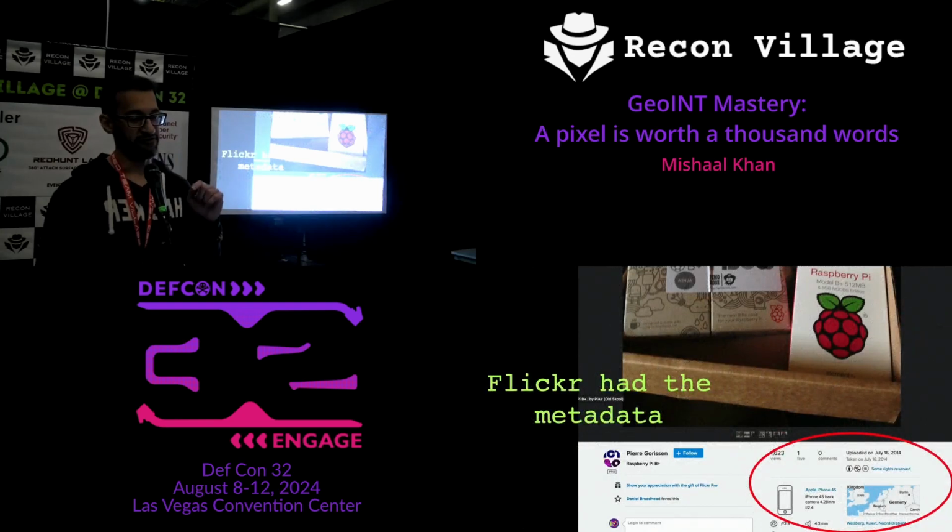And Flickr, you should know, is one of the only websites that still has metadata in it. So when you upload a picture on Flickr, it shows you an Apple iPhone uploaded it, and the location also shows over there because of the geotagging of the image. So Flickr maintains it for photography reasons, if you want to categorize it. But no other social media will have metadata.